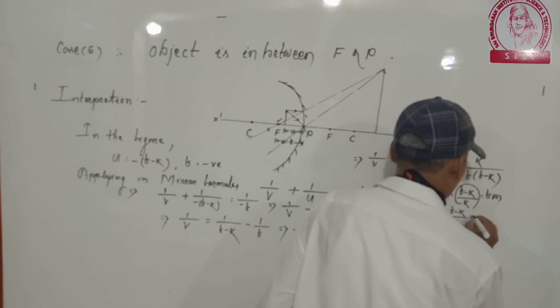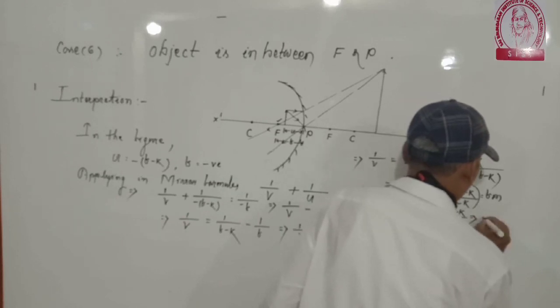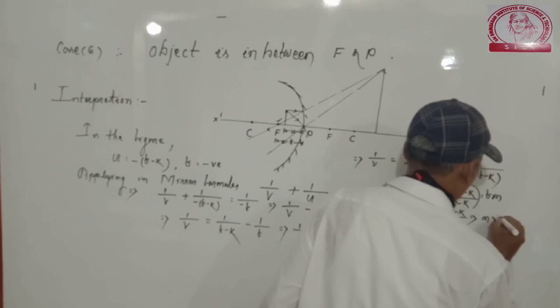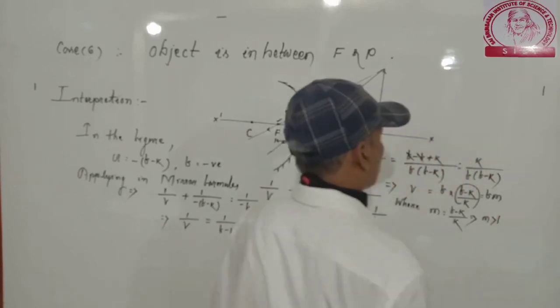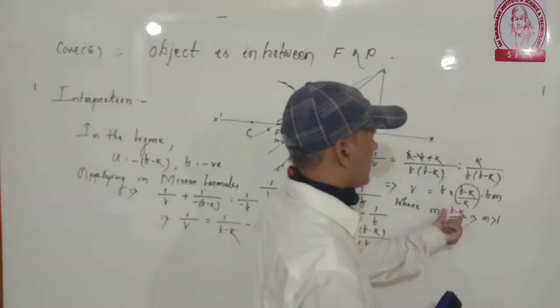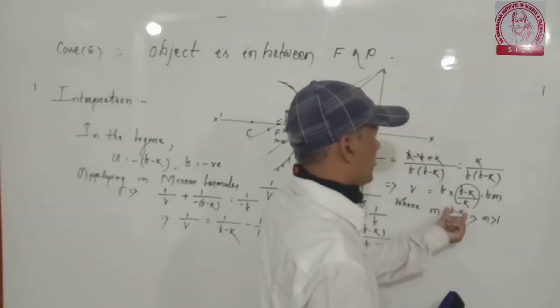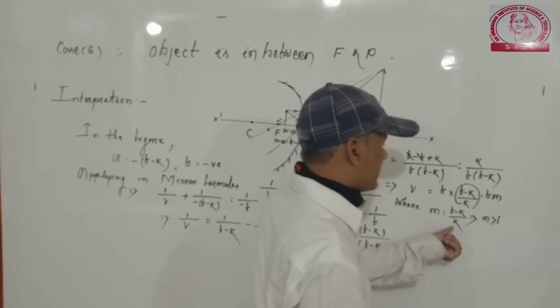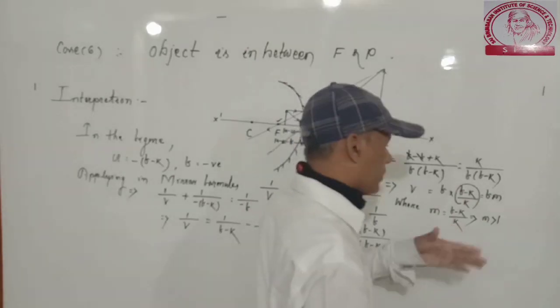M is greater than 1 because the numerator is greater than the denominator. Why?